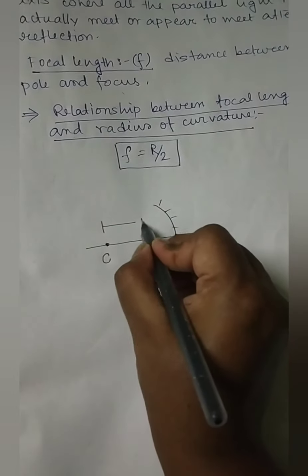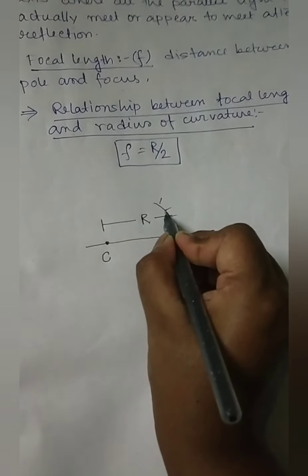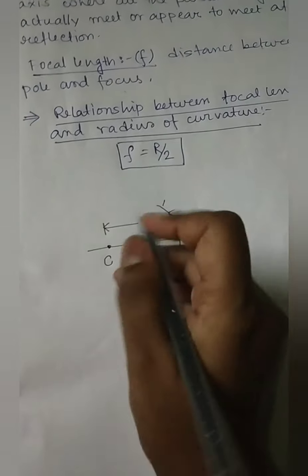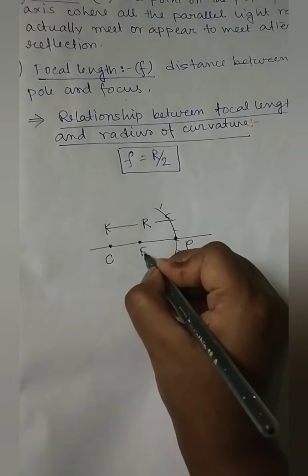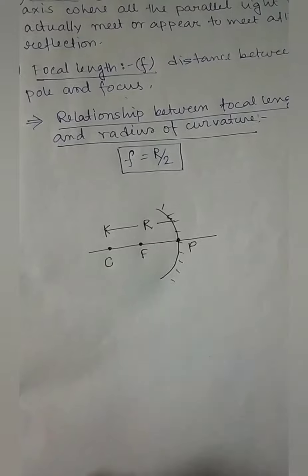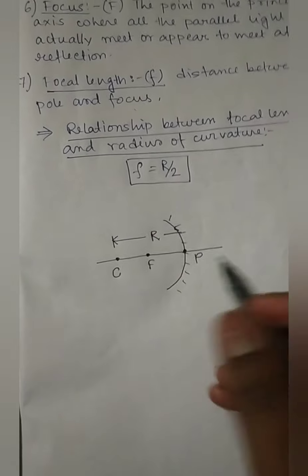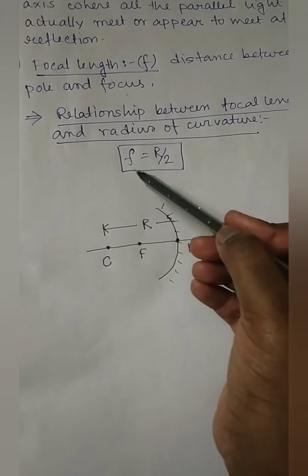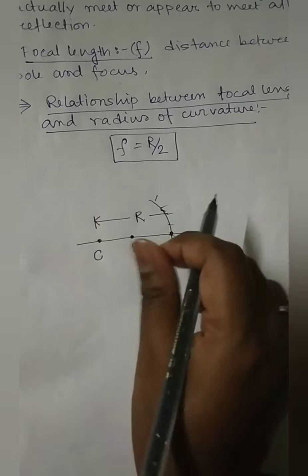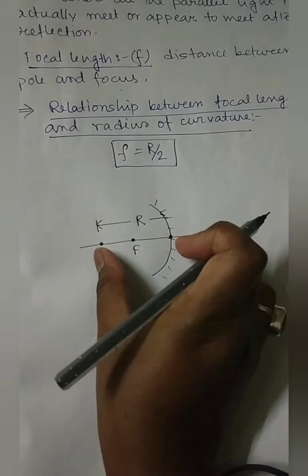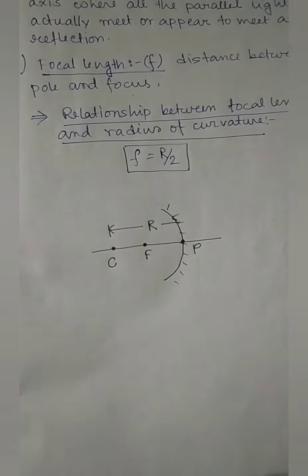So this part will be the radius of curvature, which is the distance between the pole and the center of curvature. And if we assume this as the focus where all the rays meet after reflection, so from this relationship we can see that focus is R/2. That means focus lies exactly midway between center of curvature and pole.